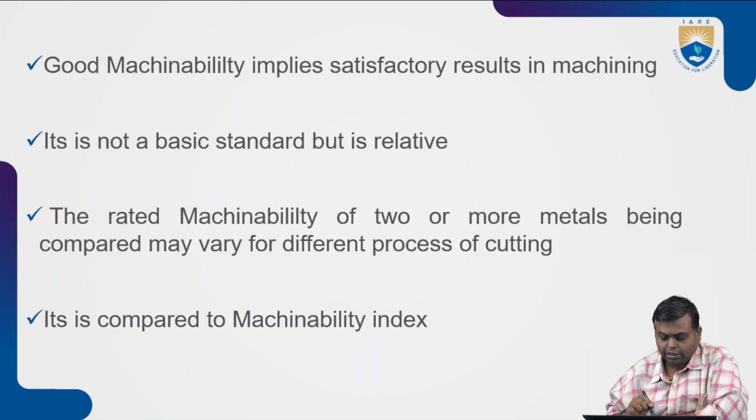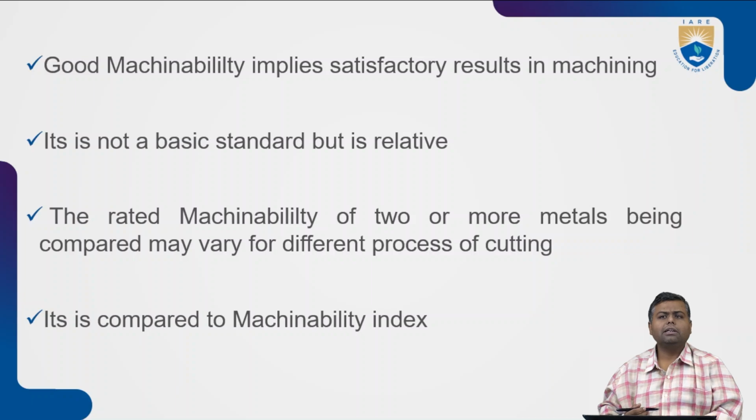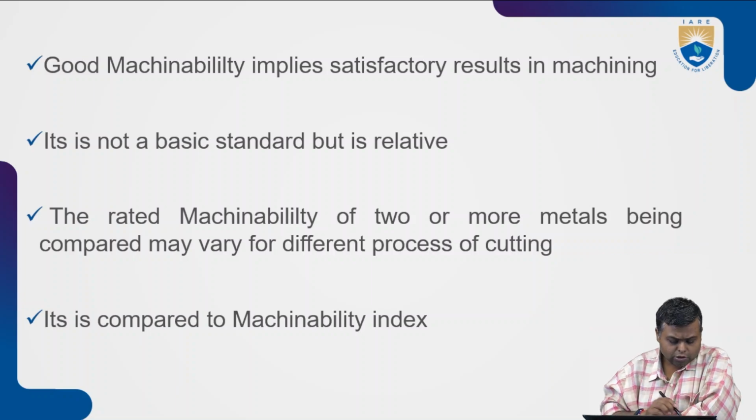The rated machinability of two or more metals being compared may vary for different cutting processes. So the machinability number we calculate may differ from operation to operation and with the nature of the cutting process. So it is compared using a machinability index.